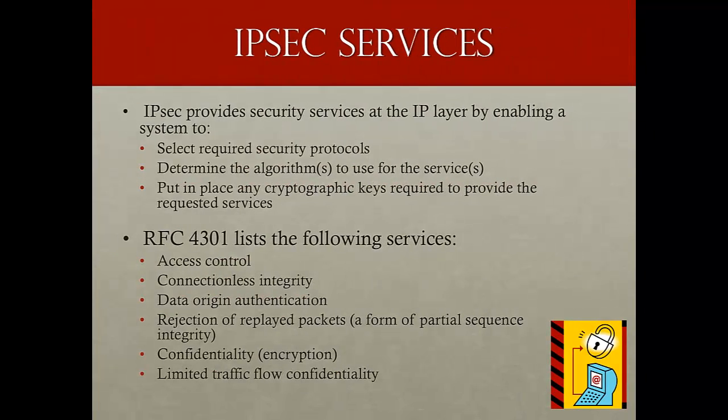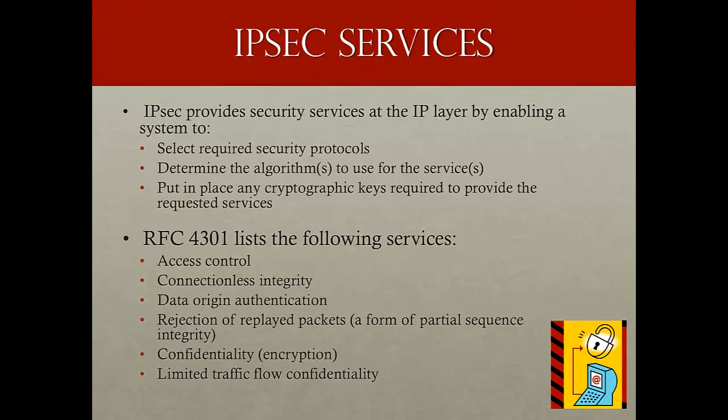Here are the IPsec services. IPsec provides security services at the IP layer by enabling a system to select required security protocols, determine the algorithms to use for the services, and put in place any cryptographic keys required to provide the requested services. Two protocols are used to provide security: an authentication protocol designated by the header of the protocol, Authentication Header, AH, and a combined encryption authentication protocol designated by the format of the packet for that protocol, Encapsulating Security Payload, ESP.